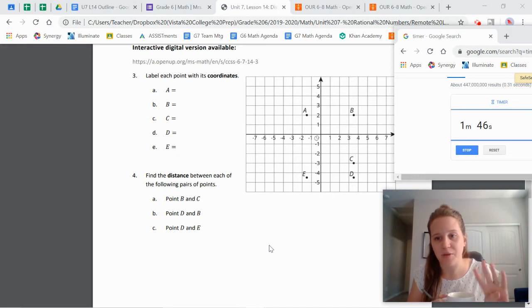You should now be working on question 4. Find the distance between each of the following pairs of points. Make sure you record those answers on your paper.